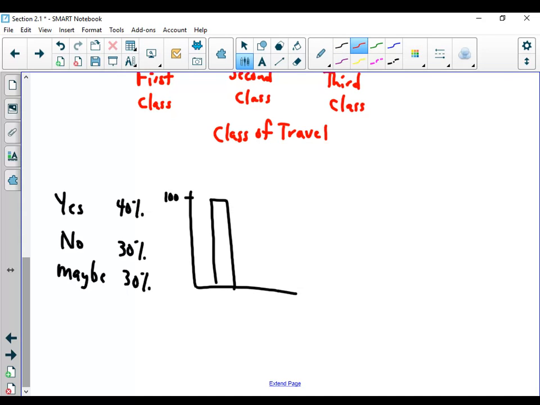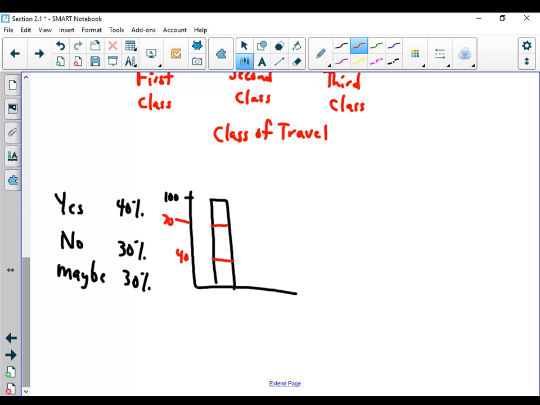So like the yeses would go up to 40, wherever that is. My no's would then go up to how much? 70. And then the rest would be our maybes. Which, if I were doing this, now I need 2 distinguishing ways.